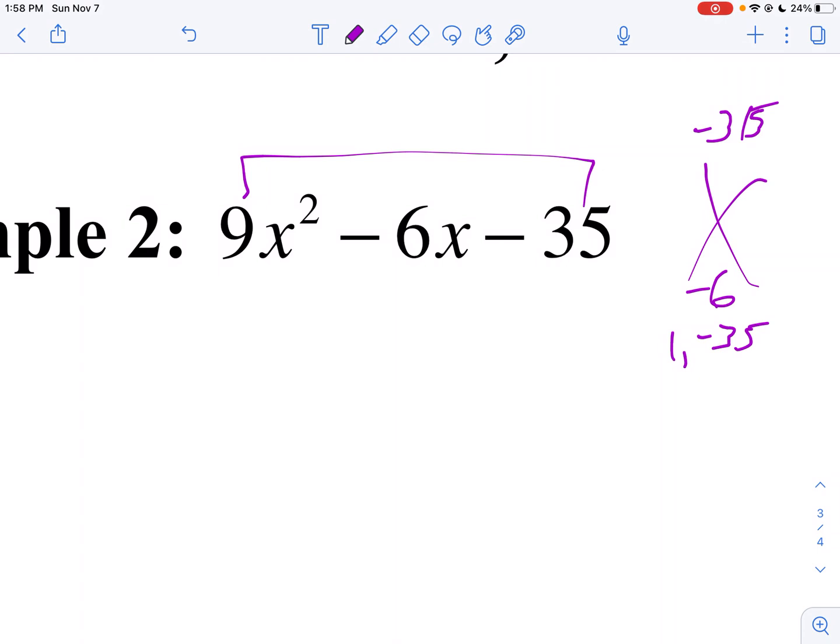2 does not go into 315. I think 3 does, though. 315 divided by 3 is, what is that, 105. So 3 and negative 105. That adds to negative 102. So that's not it. 4 does not go into 315, but 5 does.